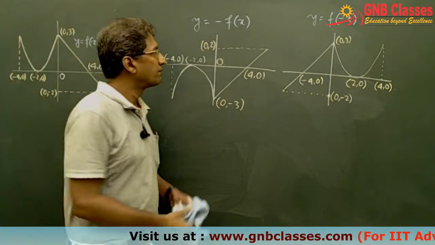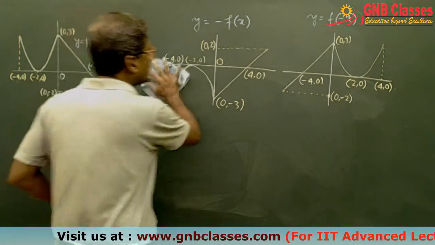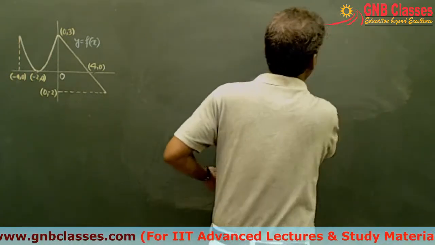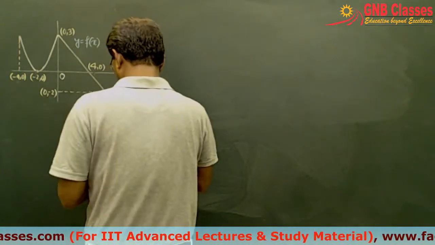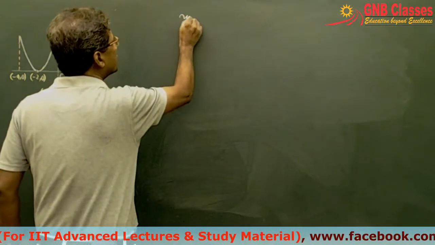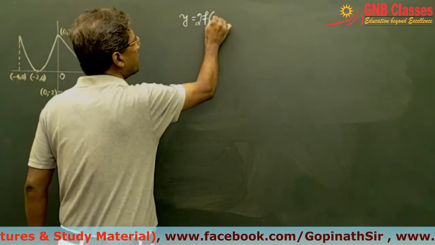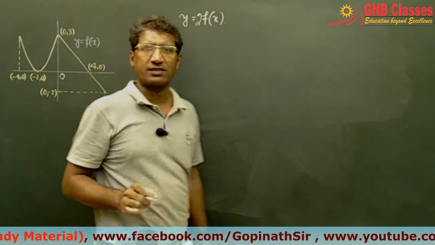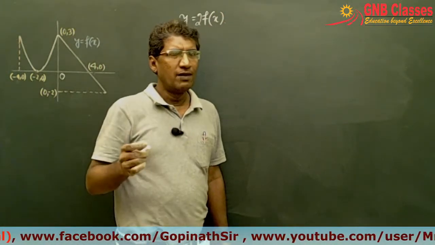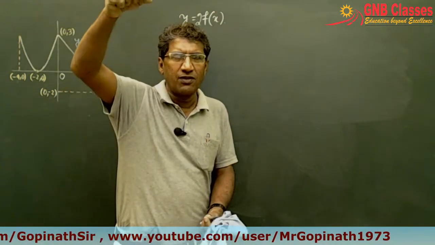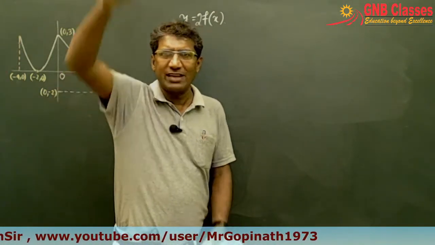Is it clear? Now let us go for the transformation y equals 2 times f(x). What I told you? When it is a times f(x), we stretch the graph along the y-axis by 2 units.